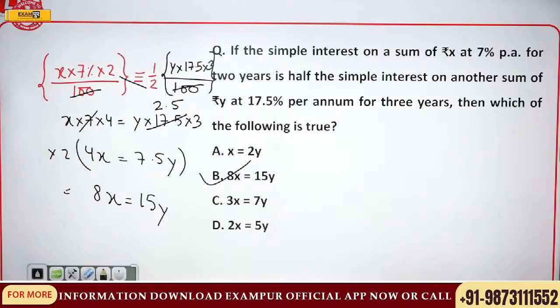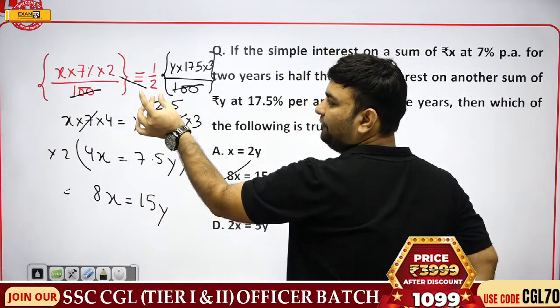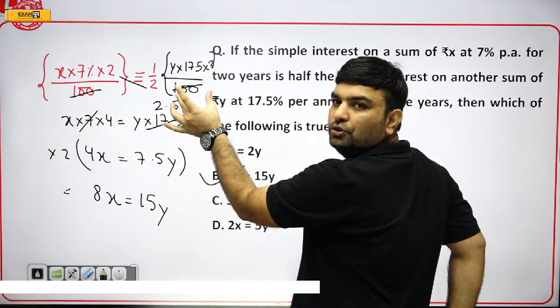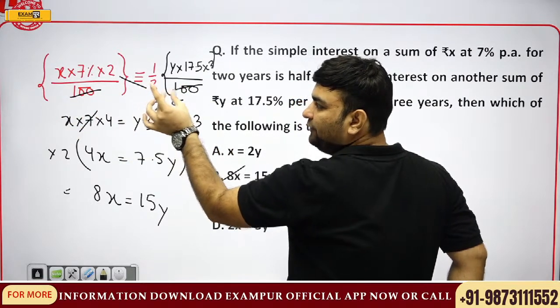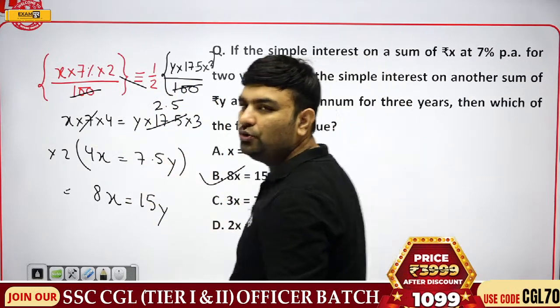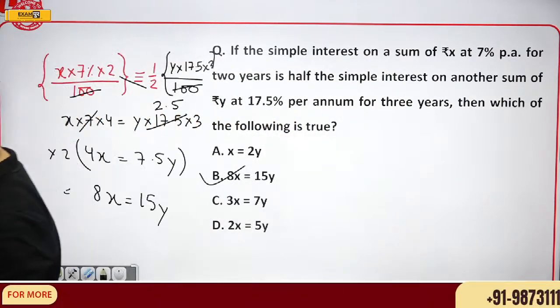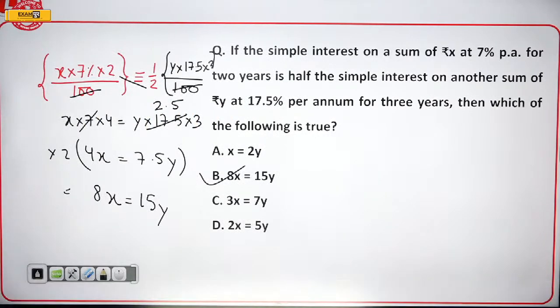SI of the first portion is half the SI of the second portion. Just simplifying, you got to the relation 8x is equal to 15y.